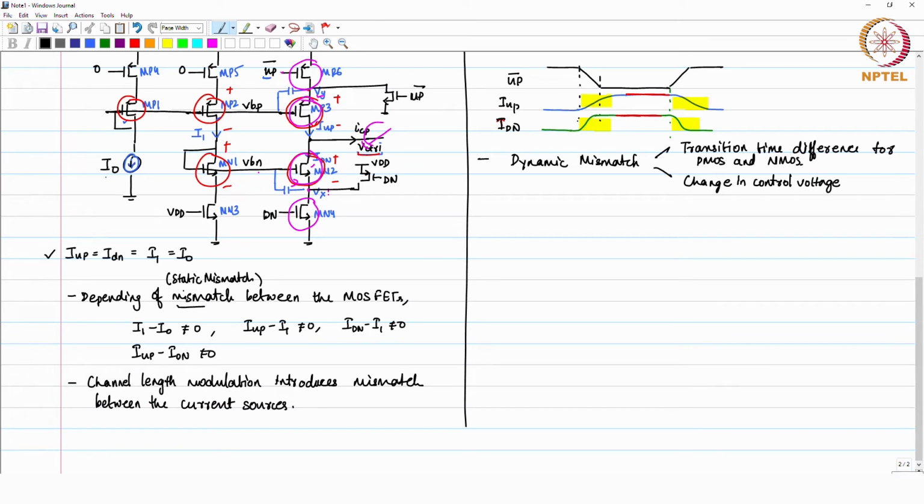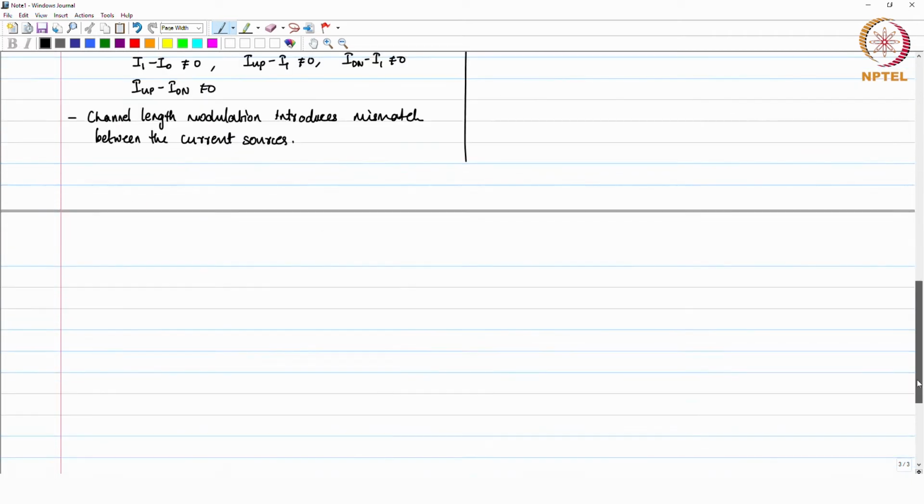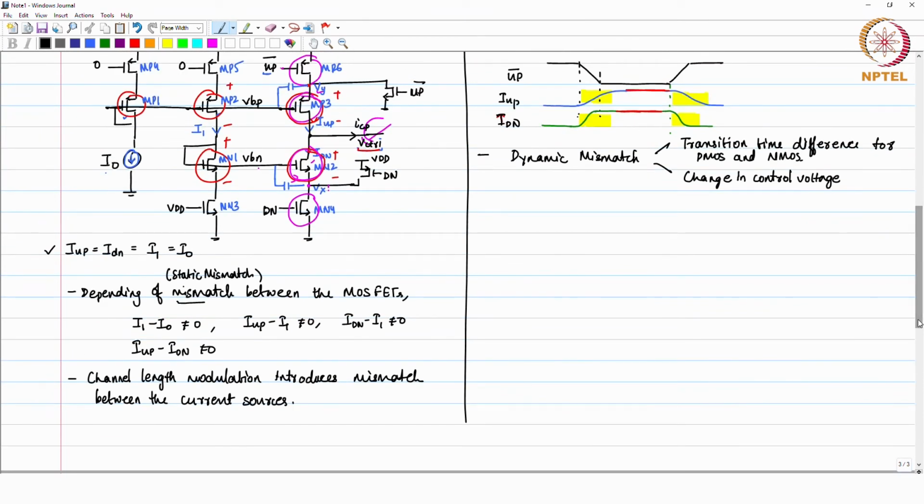Okay. Once we know what problems it causes, we will try later to address and minimize this mismatch. Now, to begin with, let us take case 1, where for any particular reason you have a mismatch between up and down currents.